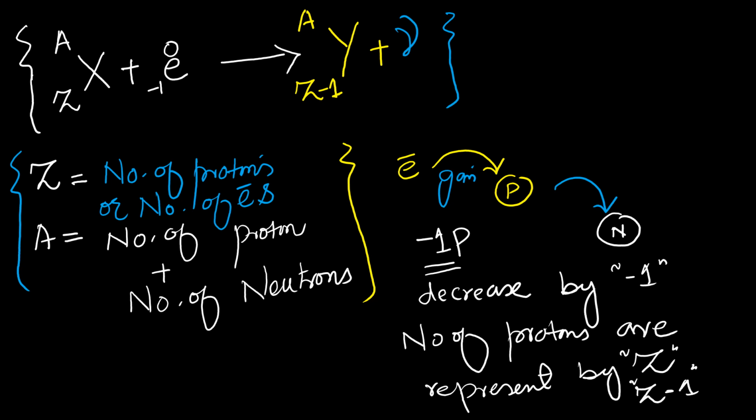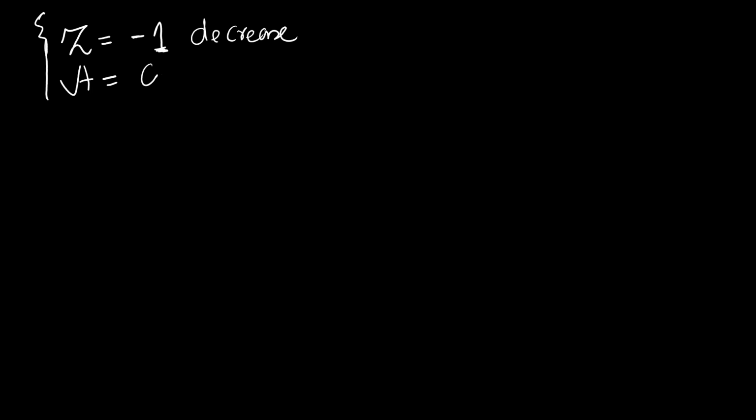In the electron capture process, the atomic number is decreased by 1, Z is decreased by 1 for the daughter nuclei, whereas the atomic mass or atomic weight remains the same.